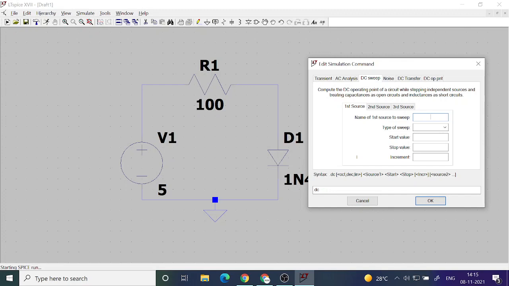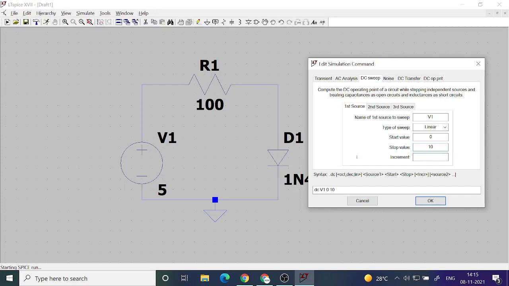If you want to only see the forward bias voltage, then you can start from 0. So from 0 voltage we will do a linear sweep. This is the source name, so that is V1, and the starting voltage is 0. Stop voltage, let's say 10 volt.